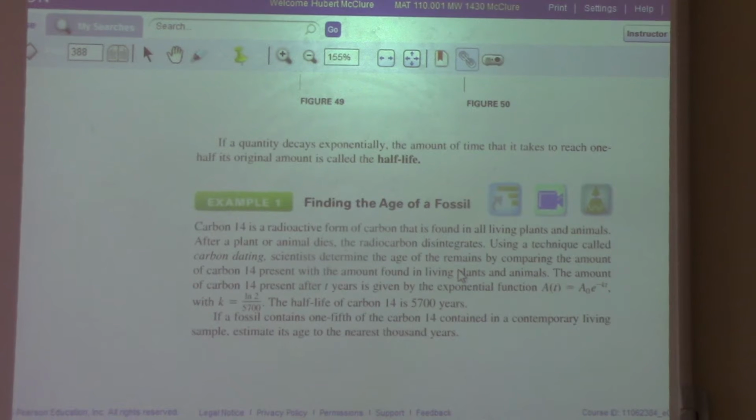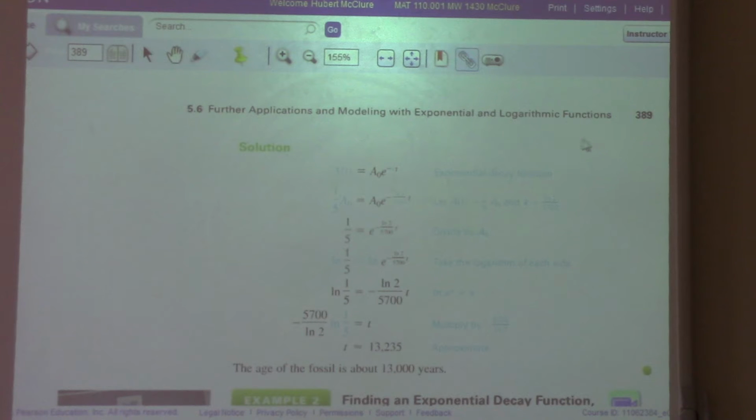So 1/5 of the carbon is there. 1/5 is the same thing as 0.2, but you don't have to convert that. You start off with K, which they give you, and then the 1/5, which is the amount of carbon relative to the beginning.